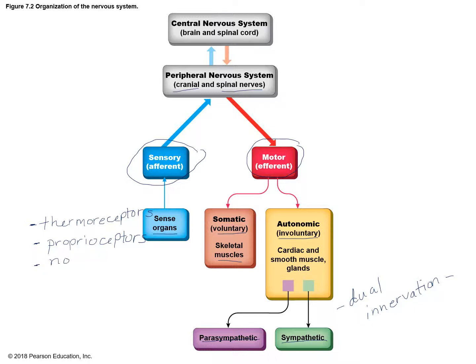They could be nociceptors, which are pain receptors. They could be photoreceptors, like I've already talked about. Basically, sense organs, any sort of specialized or free nerve ending that is capable of sensing a stimulus and responding appropriately.